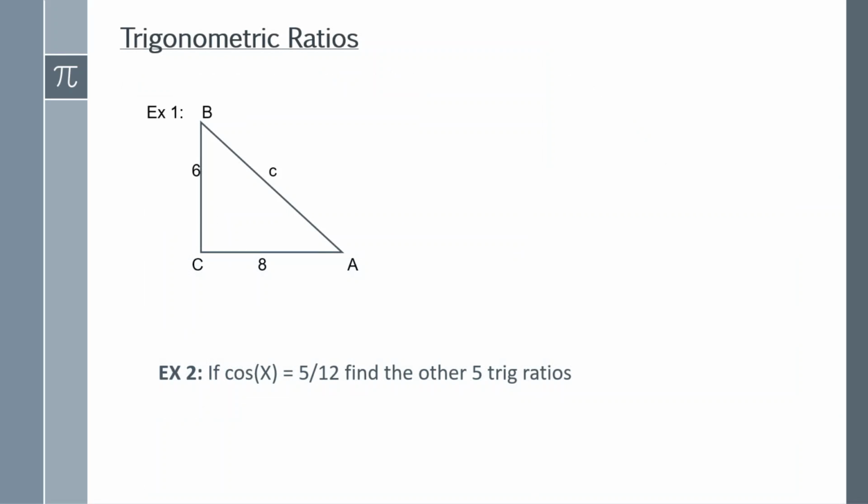All right, so let's calculate some of these. We have a right triangle. Angle C is 90 degrees. I do not need to know what the angles are in order to find all the trig ratios. So we're going to find the trig ratios of angle A. The first thing we need to do is figure out what C is.